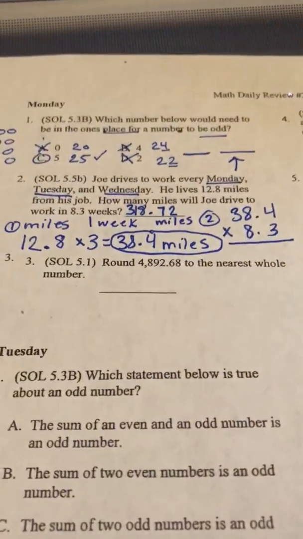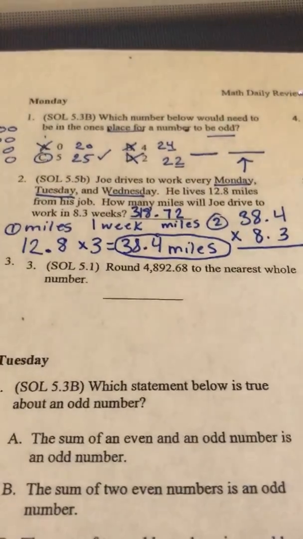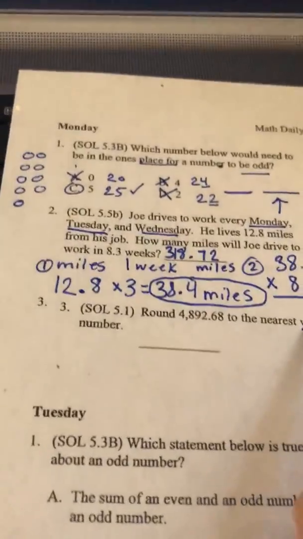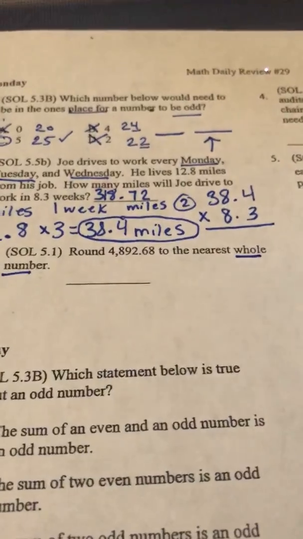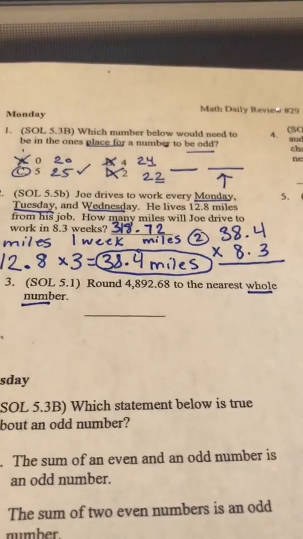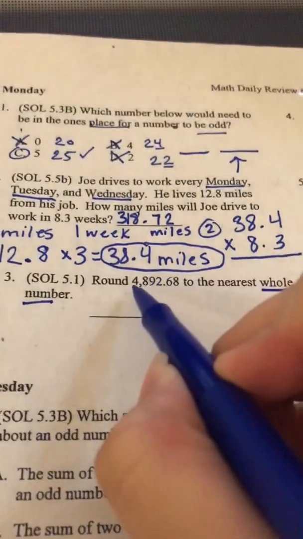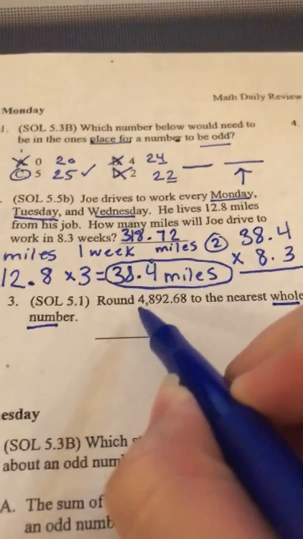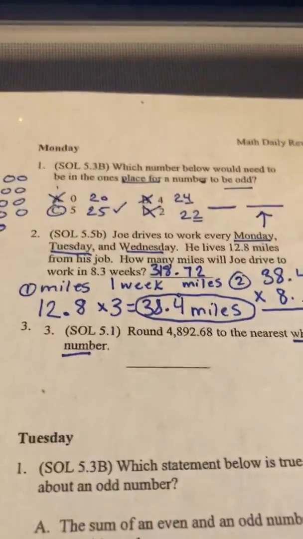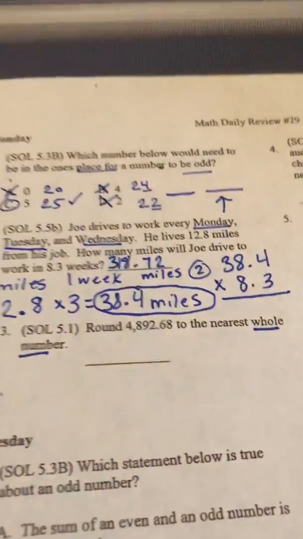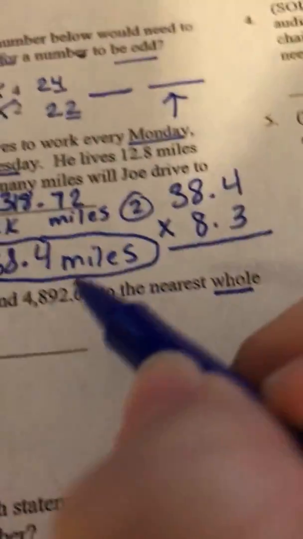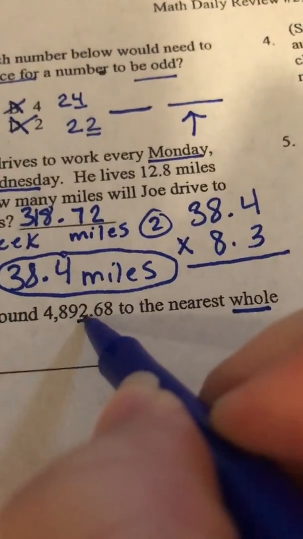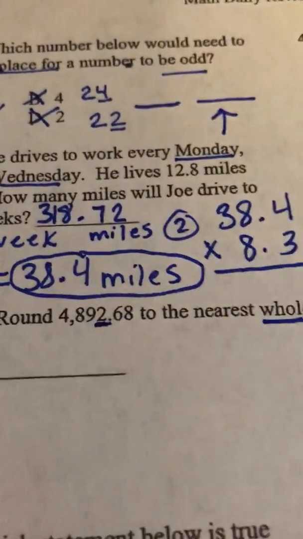Man, these rounding questions got everyone before we left school. So we are rounding to the whole number. Remember when we did this in class before we left, everybody wanted to round to the thousandths place. But what I need you to think about is, where does the whole number begin in this problem? I see a decimal. So this is the tenths place, and my whole number starts right here.